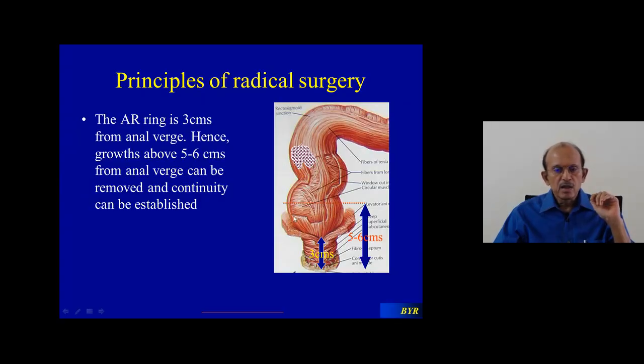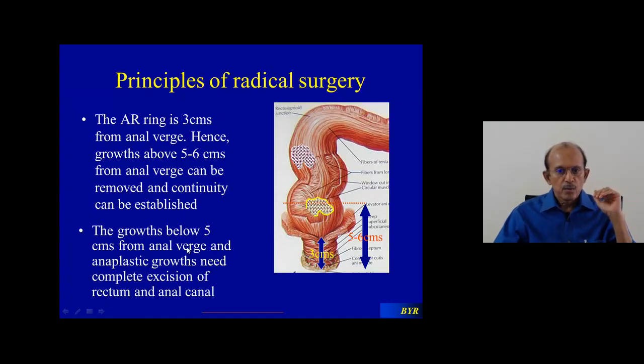So roughly, tumors which are situated about 5 centimeters above the anal verge can be removed and restoration can be done. The growths below 5 centimeters from anal verge and anaplastic growths need complete excision of the rectum and anal canal.